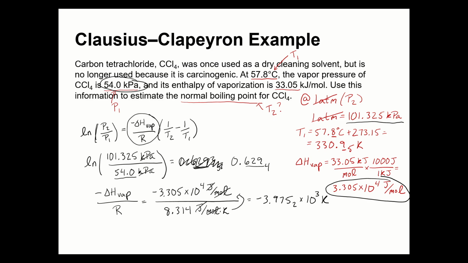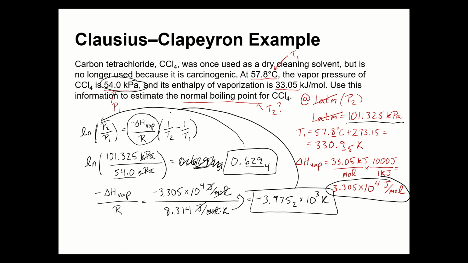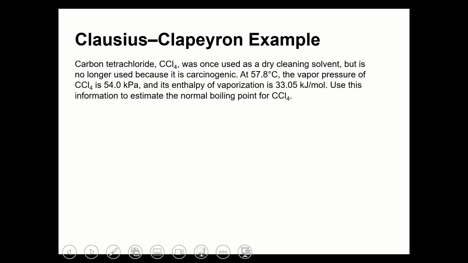Okay, so now I'm going to rewrite this on the next page, and I'm just going to keep the two numbers that I have here that I've calculated so far and plug those into this original equation that I started with. All right, so we have that 0.6294 equals negative 3.9752 times 10 to the third Kelvin.